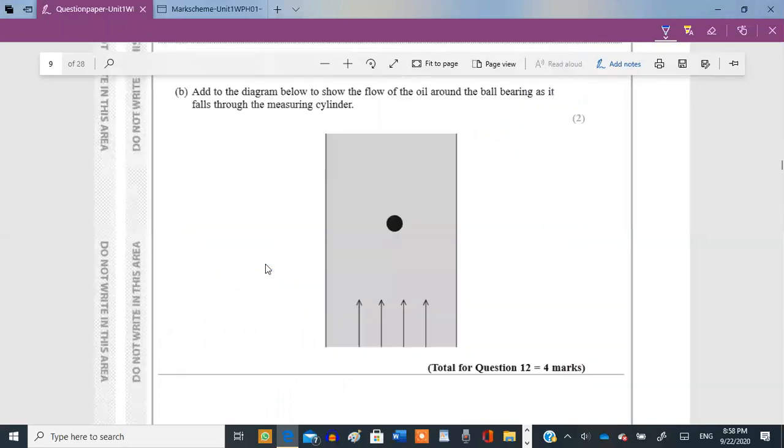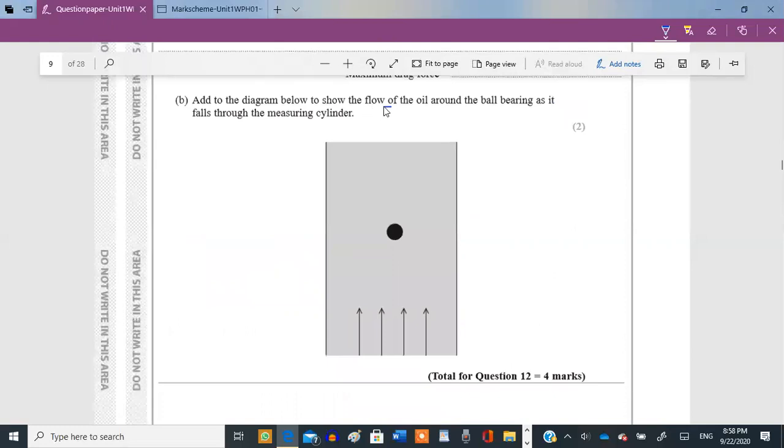Now add to the diagram below to show the flow of the oil as the ball bearing falls through the measuring cylinder. All right, what would happen over here? This is very important. As these lines move forward, as soon as they approach the ball bearing, they'll move this way. This is how the flow will change.